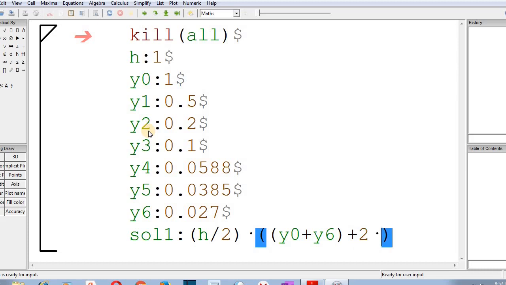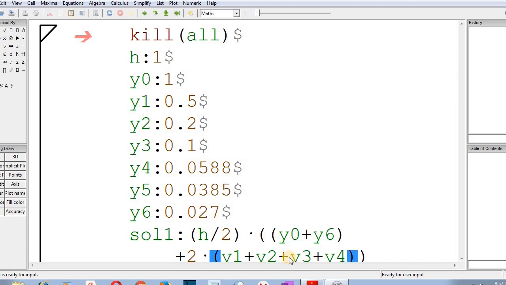The remaining things are y1, y2, and so on. Now I will write y1 plus y2 plus, and I will make this in the next bracket so that it will be visible to you. y3 plus y4 plus y5, I have to write. So all the values are written here, right?